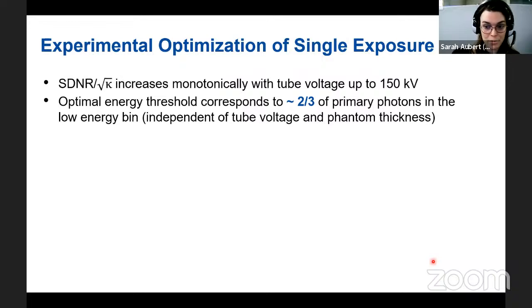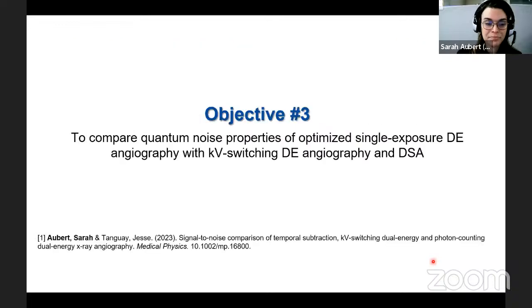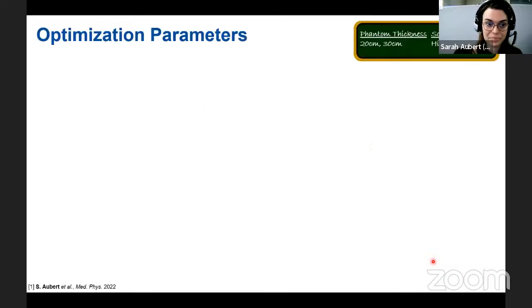This is an important finding because it means we don't always need to exactly match the scatter and thickness conditions from our calibration. So this led us into our third objective, to compare the noise properties of this optimized proposed single exposure approach that I just presented with our other two subtraction techniques, KV switching and DSA.